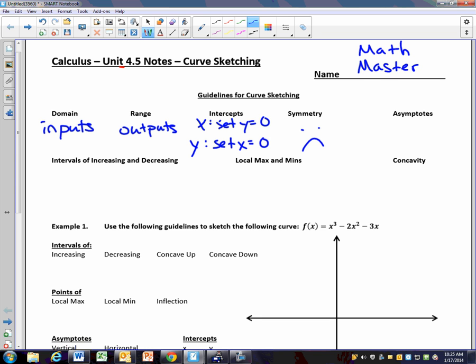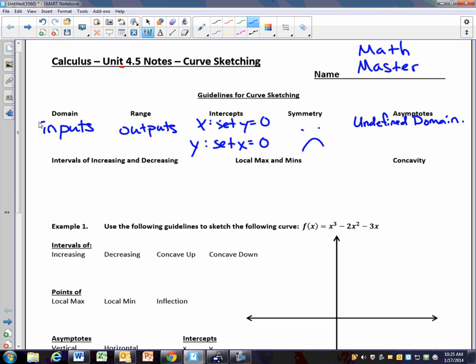Asymptotes. Where do you end up with an asymptote? You might get an undefined value for the normal domain.